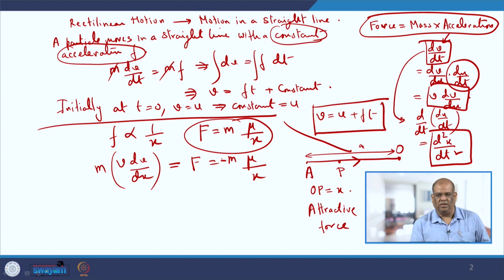If it is a repulsive force, that is, it is moving away from this fixed point origin, then this would be positive. So, this part you have to remember. Attractive force, we have to take this to be negative, and if it is a repulsive force, we have to take this to be positive. So, our equation v dv/dx is equal to minus m mu by x.